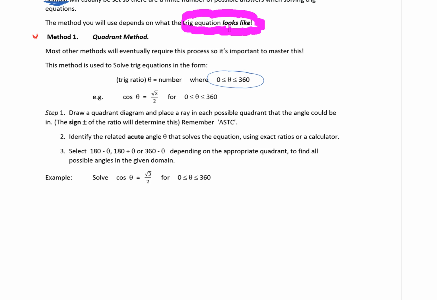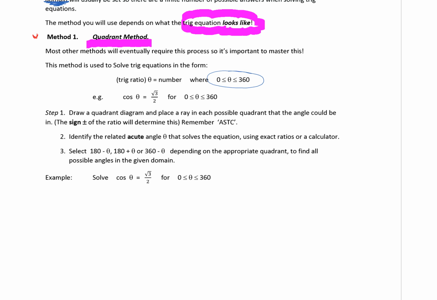So firstly, you will look at special features of the equation, which should then direct you to the method that you will use. The interesting thing is that almost all methods come back to this quadrant method. So you're going to ultimately need to solve an equation where theta belongs to a particular quadrant, and you need to be able to find the quadrants that theta belongs to.